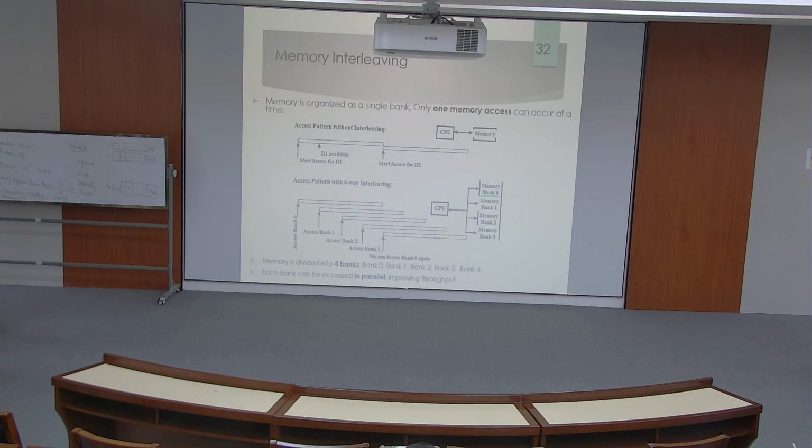This minimizes the waiting time and improves the throughput. So when there is no memory interleaving, the memory is arranged in a single bank, and one memory access can happen at one time. When we have memory access with interleaving, the memory is divided into different banks, so we can access different memory banks at the same time, which improves the throughput.